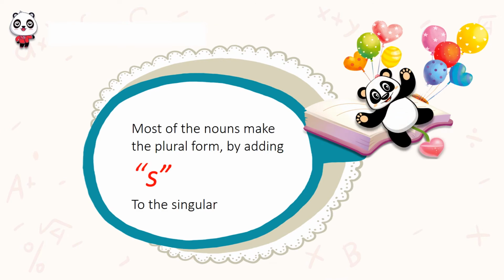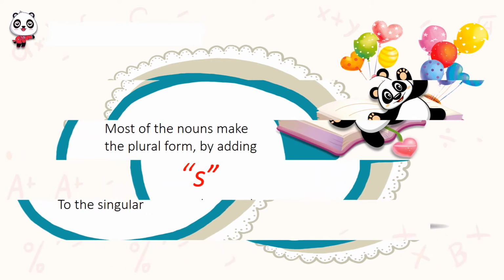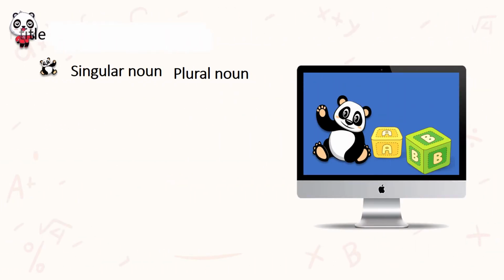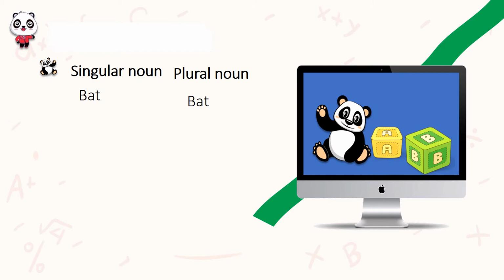Most nouns make the plural by adding s to the singular. Look, singular noun bat. How to make it plural? We have to add s at the end of the word.